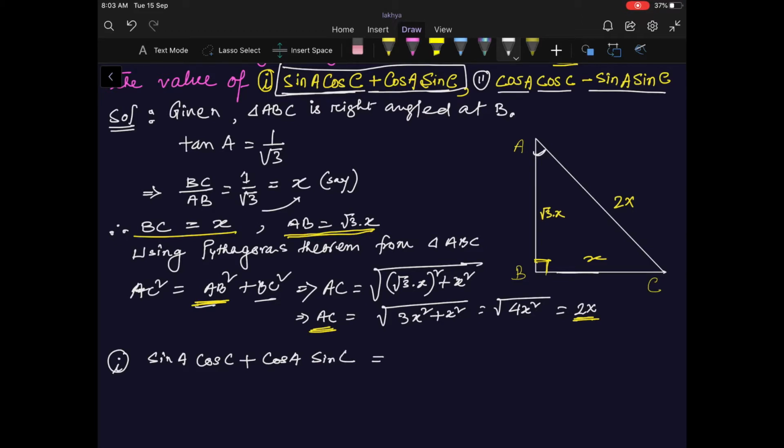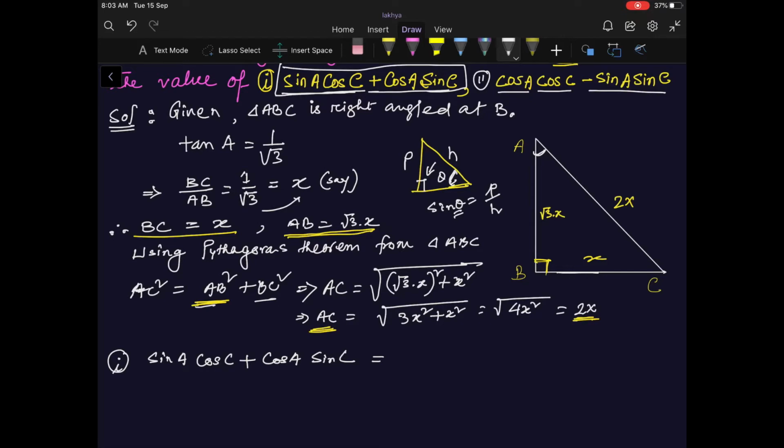Now suppose we have a right angle triangle, and this is theta. Then we know that sin theta is equal to perpendicular by hypotenuse. The hypotenuse is always opposite to the right angle, and the perpendicular should be opposite to the angle which is taken.